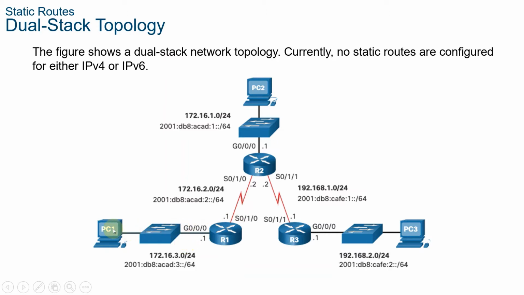This is the same topology that I'm going to use in demonstrating how to configure IP static routing. You've got here three router configurations, with a combination of IPv4 and IPv6 addressing. Also, please see the video demonstration about how to configure the IP static routing.